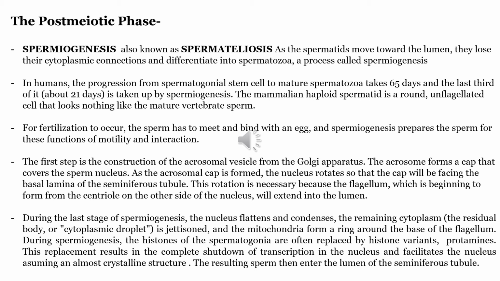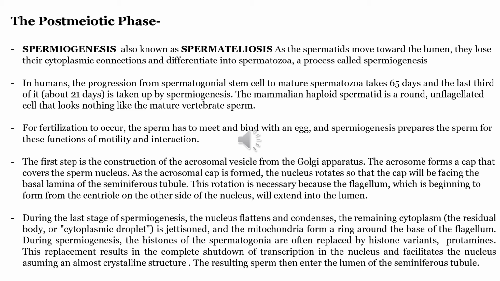As the acrosome cap is formed, the nucleus rotates so that the cap will be facing the basal lamina of the seminiferous tubule. So after the acrosome cap is formed, the nucleus rotates so that the cap is going to face the basal lamina, and why is this rotation necessary? Because the position of the centriole has to be shifted because it is required to form the flagella.